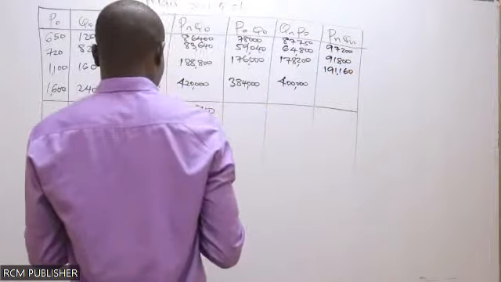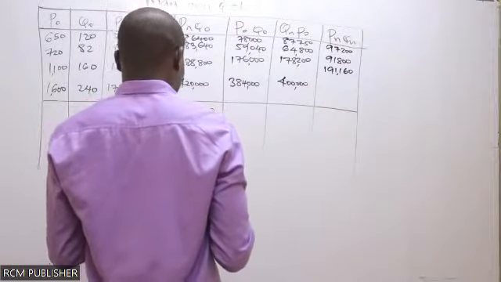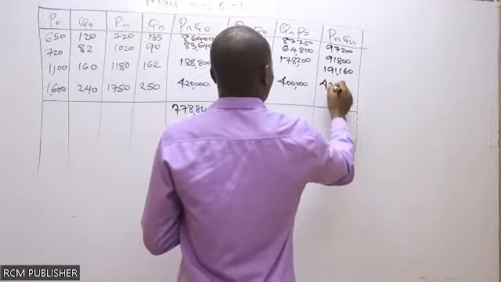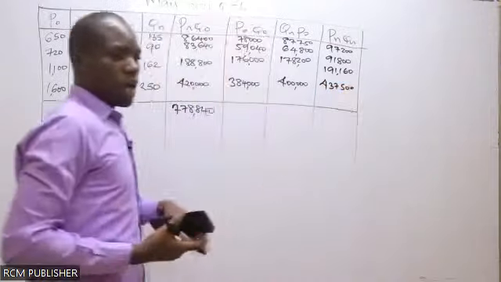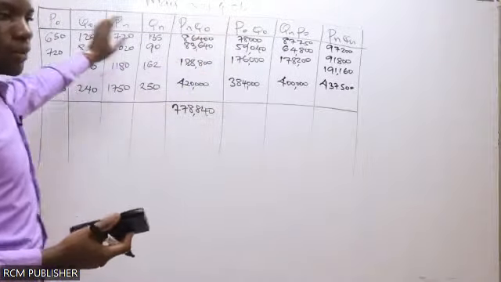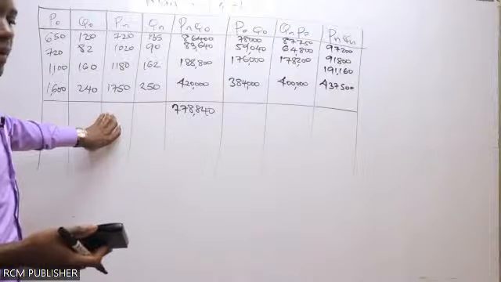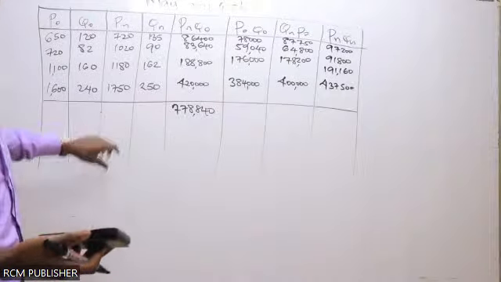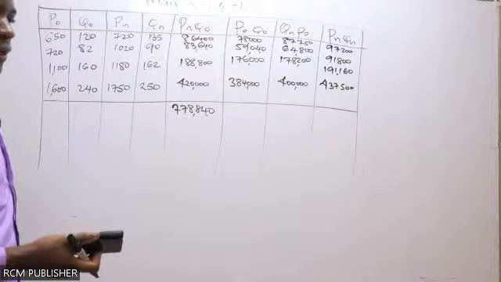Then 1750 by 250. So first of all, are you having all these values? Are you having the values that are the same as what I have here?